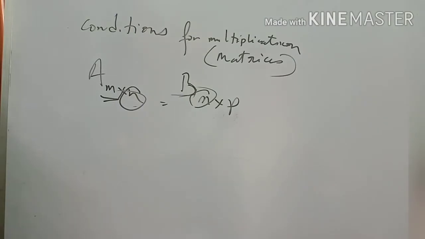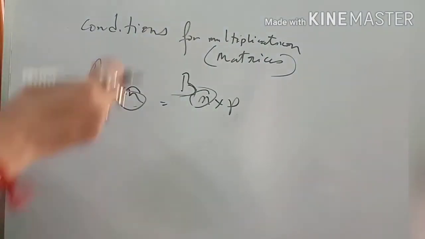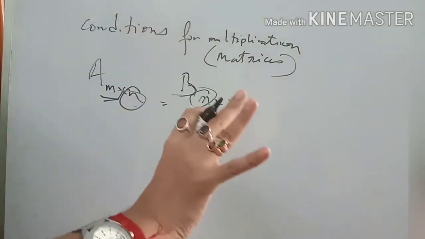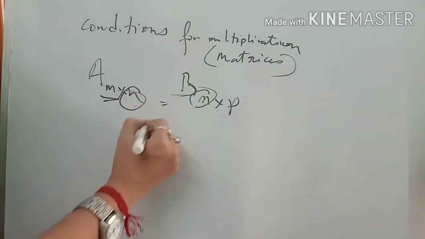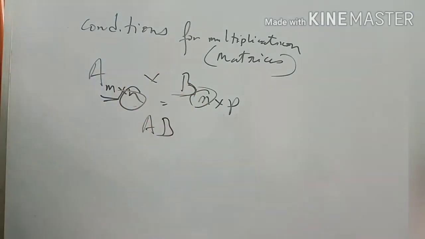But if the reverse happens, what would the case be? We're going to discuss that later. They can get multiplied, and after multiplying we'll get the product.